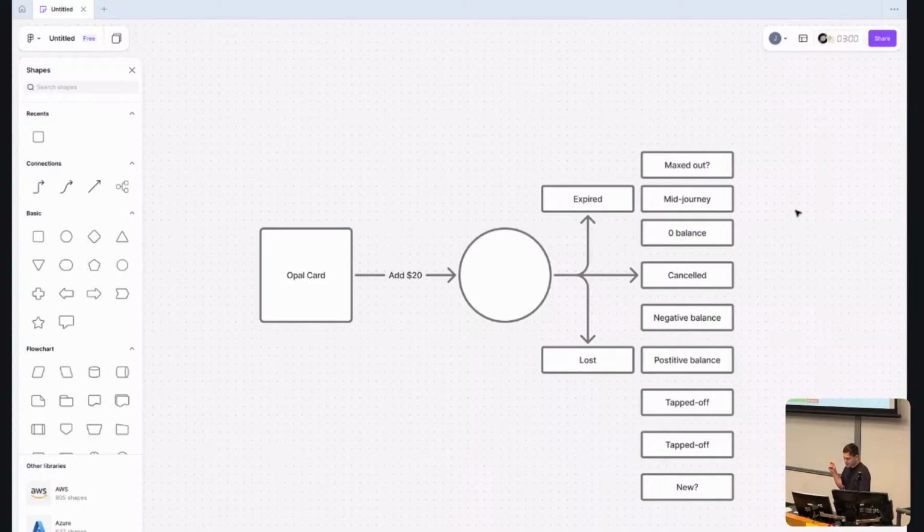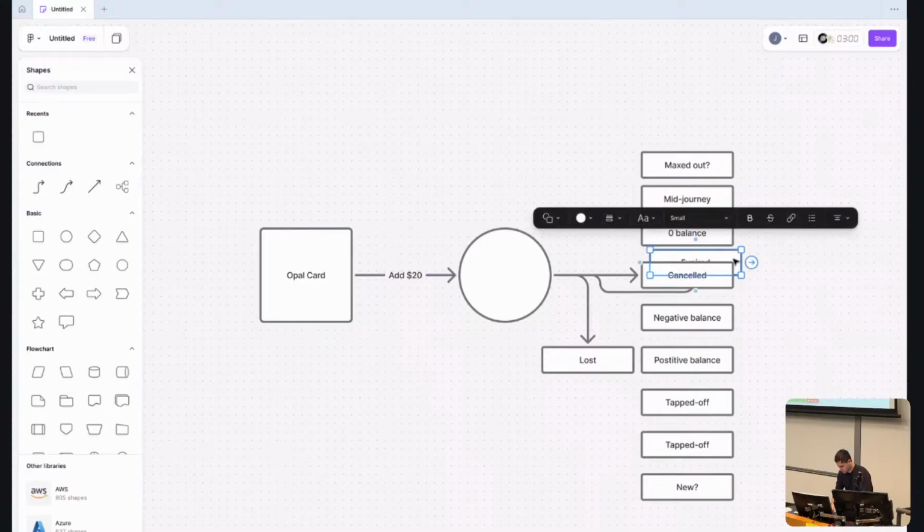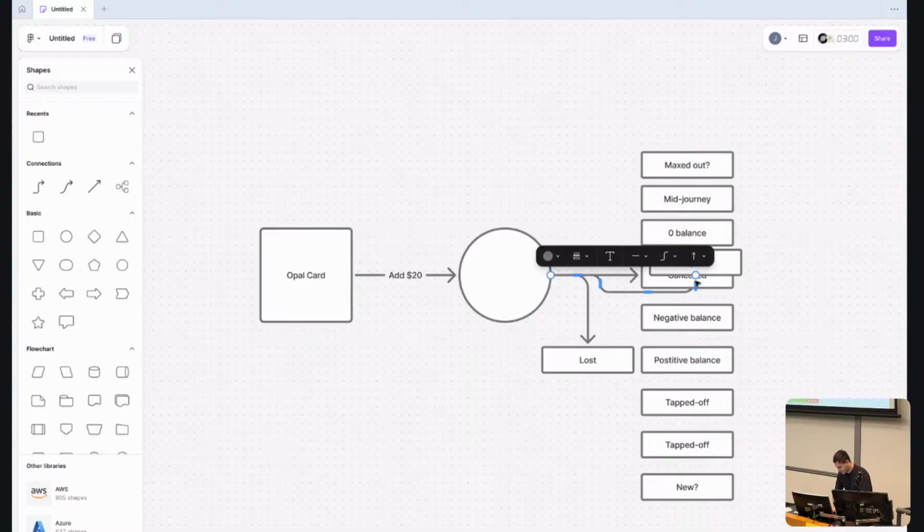What I mean by that is, if a card is cancelled or expired, they're probably going to have the exact same result. So we might need to do a bit of clustering, right? And what we would say is that we can basically merge them to simplify our model, because they will always do the same thing, which might be refund the $20.